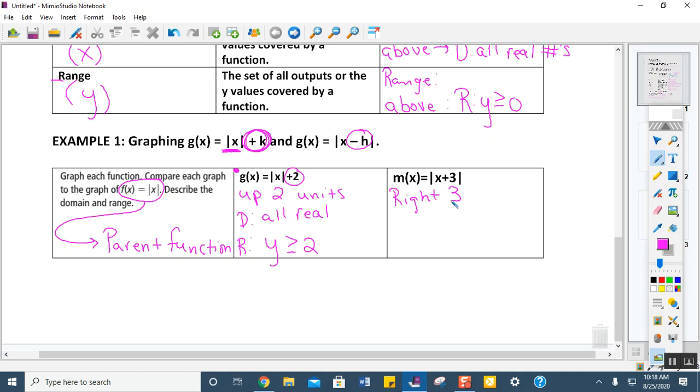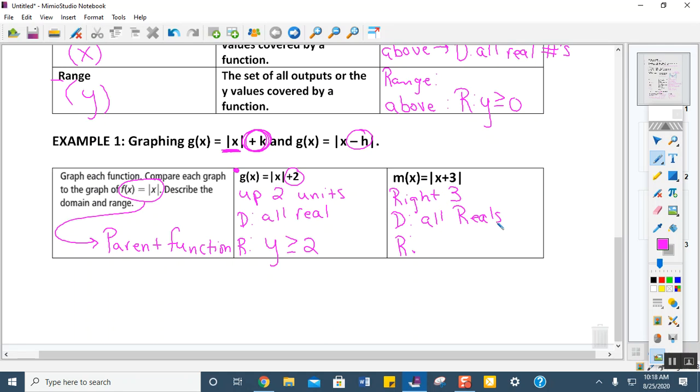And now we have to identify our domain and range. Anybody remember what I said about the domain of an absolute value function? You got it. All real numbers, because it goes all the way to the left and all the way to the right. It just continues to widen out as you move up. So it's all reals. The real question becomes, for my range, what y values are covered?